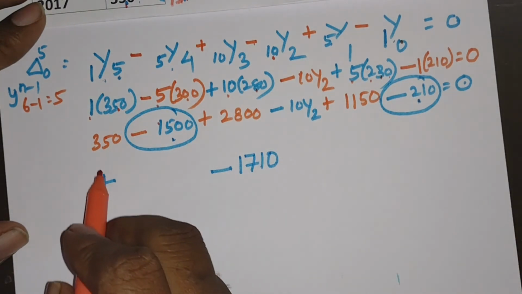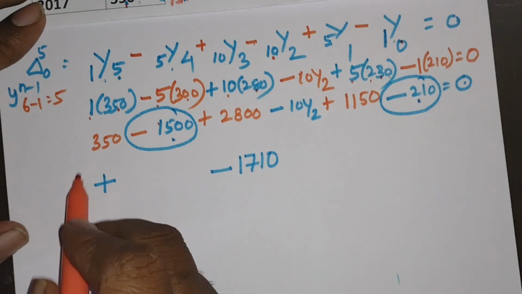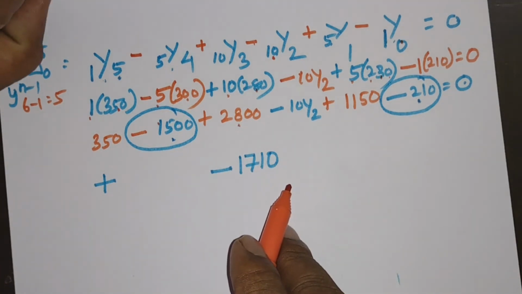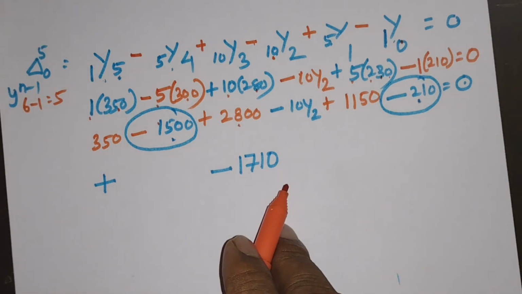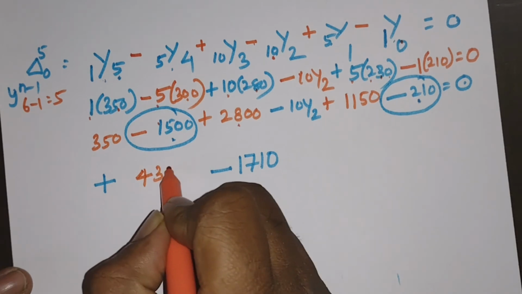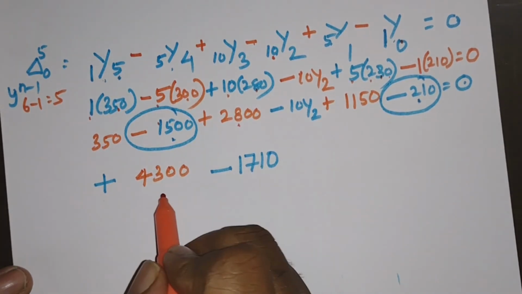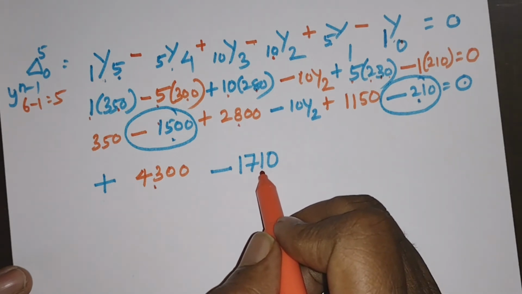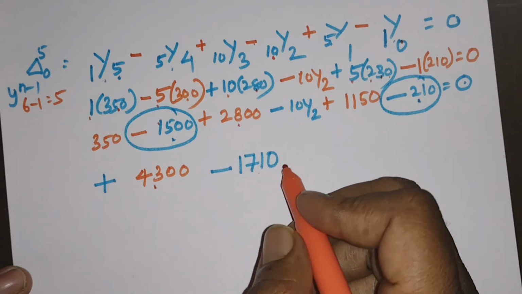And the plus value, we have 350 plus 2800 plus 1150. The total we get here is 4300. Plus value is 4300 and minus value is 1710.